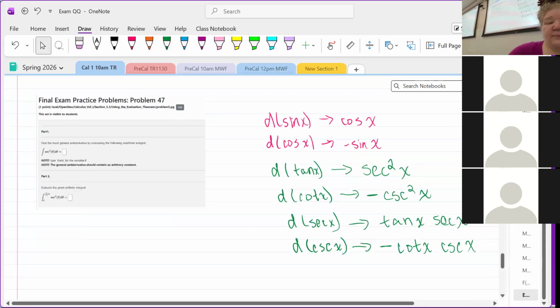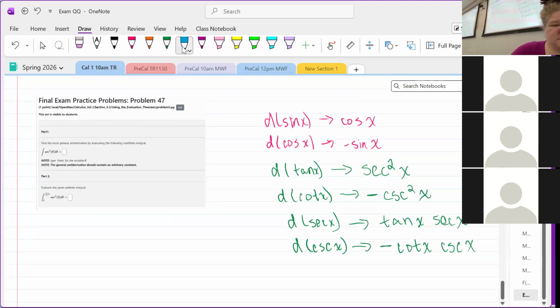So now that we remember our derivatives, what is the integral of secant squared of theta d theta? All of my derivative rules, if I sketch in my integral on both sides, my integral and derivative cancel out.